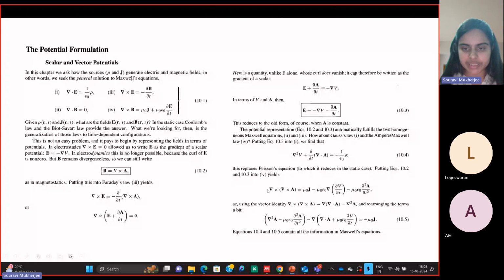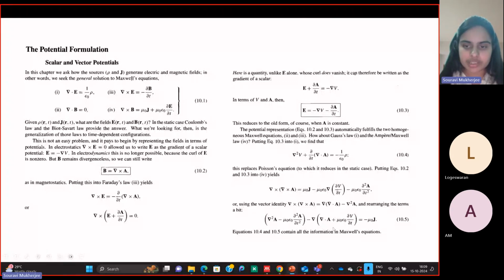If we do that, we get an expression like this, and you can see it's quite a complex expression, right? So here, the first two terms are like the wave equations, but this additional term is a complicated term. So it's not very easy to just find A from here, it's not an easy differential equation to solve, right?